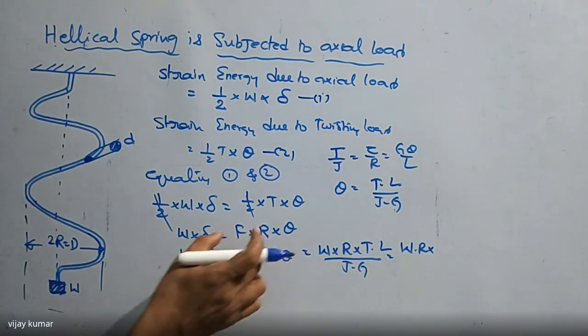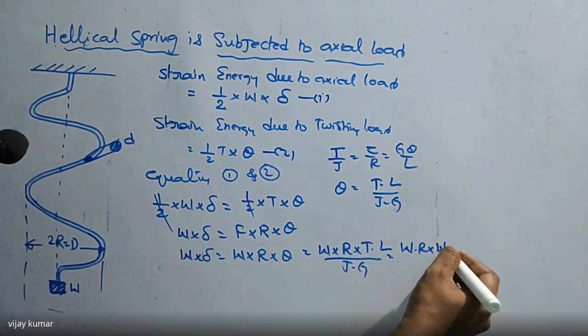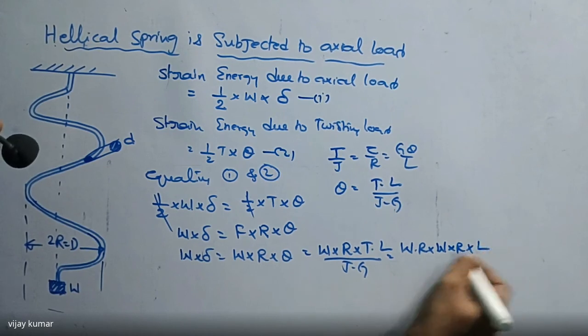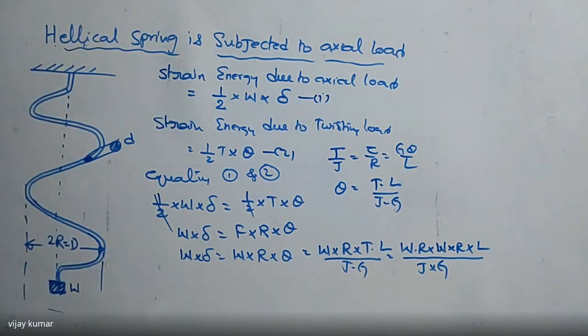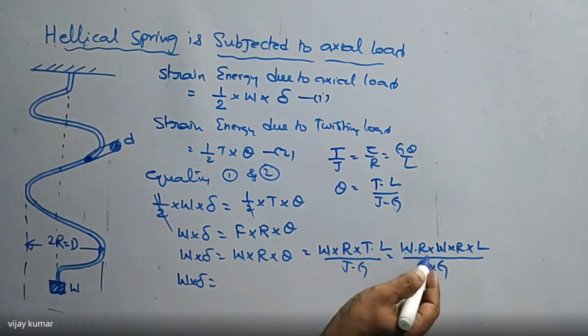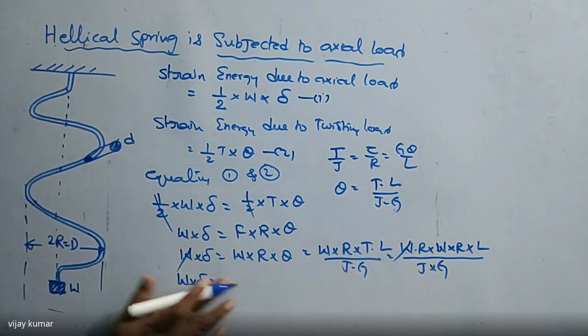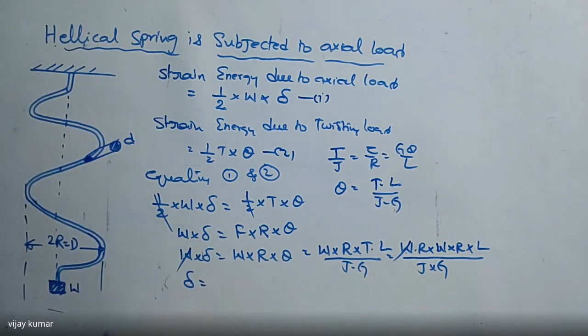T is again F into R, and F is nothing but W. So W into delta is equal to W into R into W into R into L divided by J into G. One W cancels, then delta is equal to W into R square into L divided by J into G. That is the value you got.